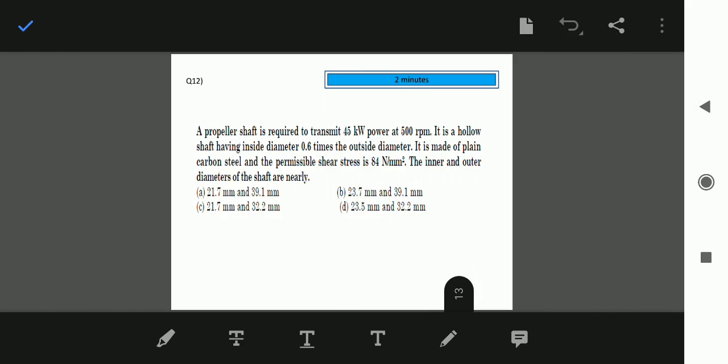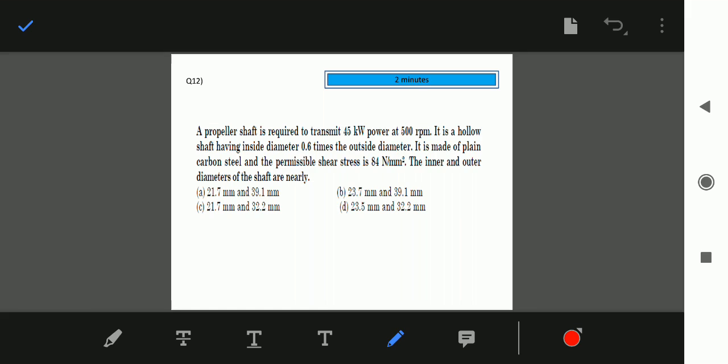A propeller shaft, power is given and RPM is given. So again remember this formula, power equal to 2 pi N T upon 60.